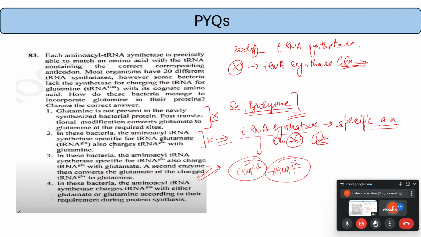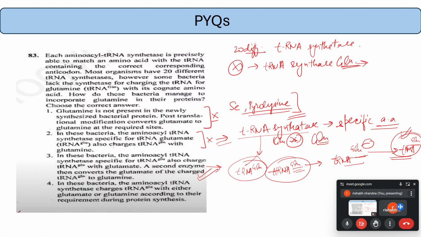After charging this tRNA glutamine with glutamate, so they charge first with glutamate, then the side chain of this glutamate is changed to glutamine. So this happens when the tRNA synthetase for glutamine is not there. This is the post-translation modification, where glutamate is added first and then glutamine is formed on that particular tRNA itself.